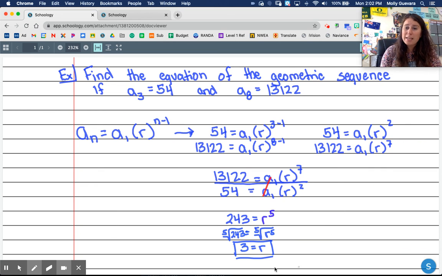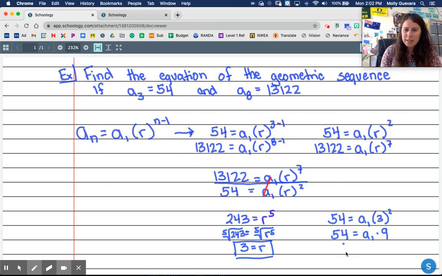So now I need to plug that back into one of these two equations to find my a sub 1. So I like the top one because the numbers are smaller, right? So 54 is equal to a sub 1 times 3 squared. So 54 is equal to a sub 1 times 9.